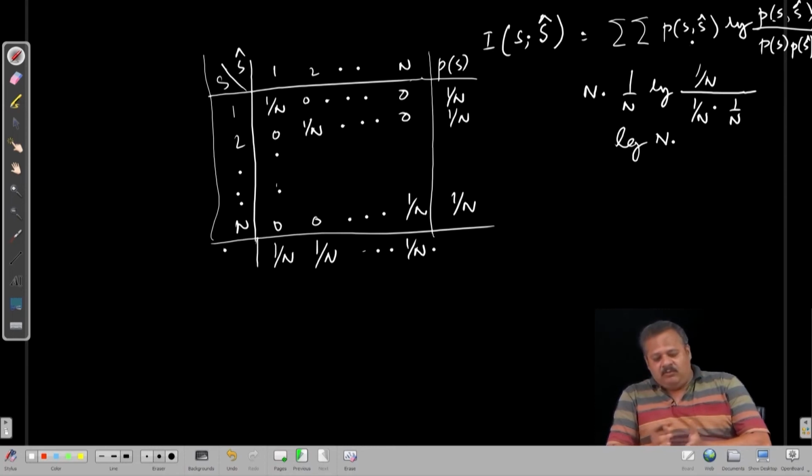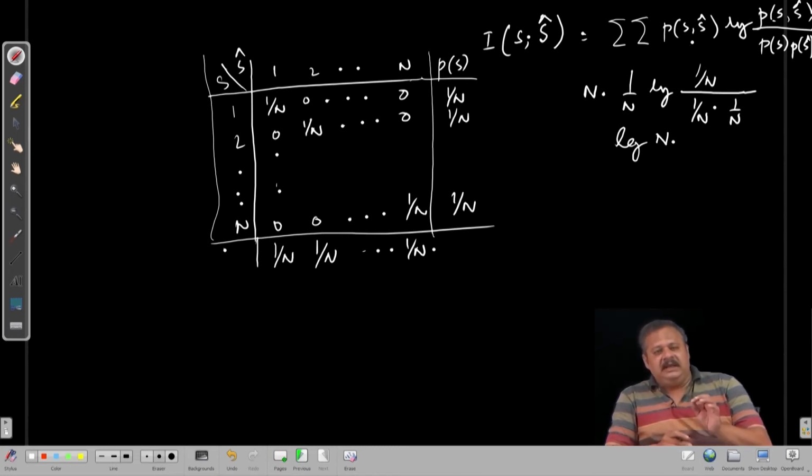In this case both random variables, S and S hat, have equal entropy, which is log N, and it is reaching the maximum mutual information, that is log N, and that is what is expected if we have complete understanding of the dependence, that is the maximum dependence.